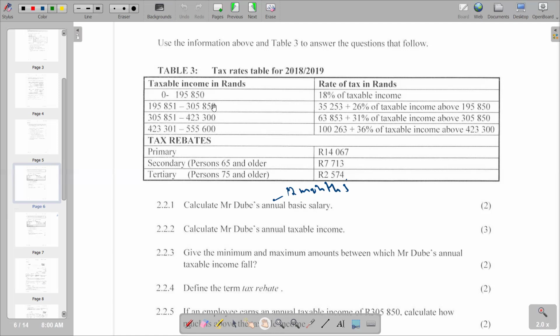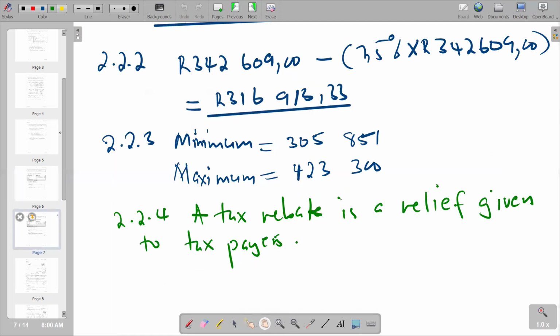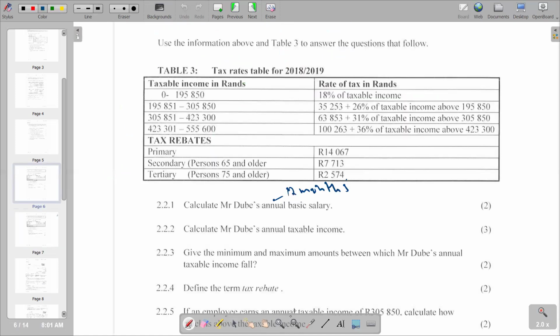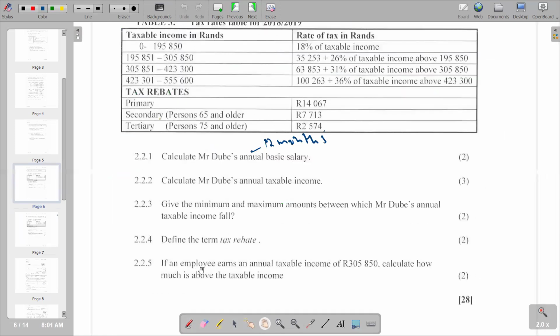So we subtract the lower part, whereby we subtract with 195,851 minus 1. Basically, on our calculation, the figure that we have is 305,850.